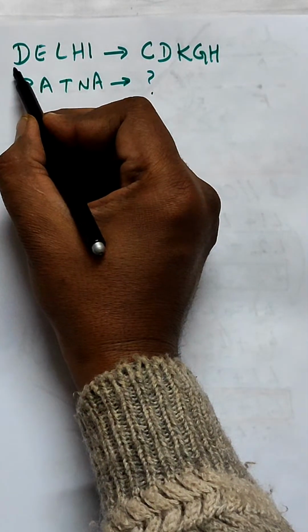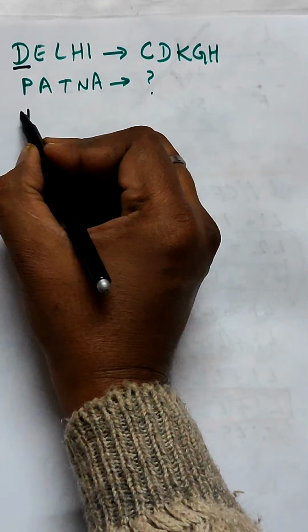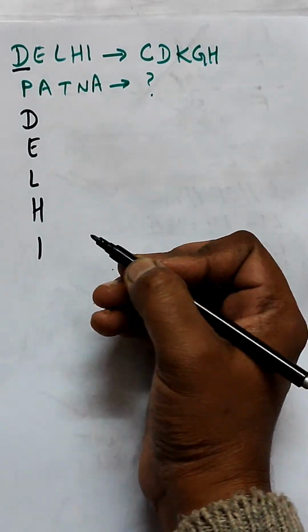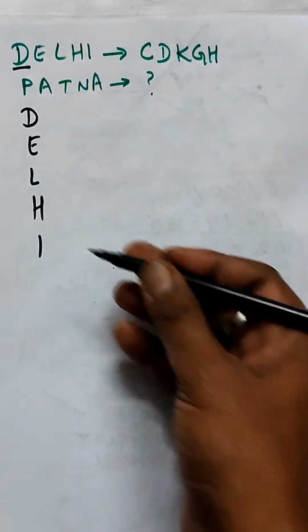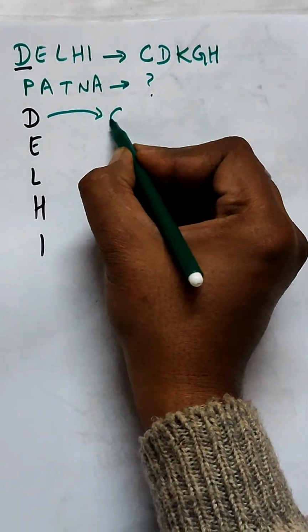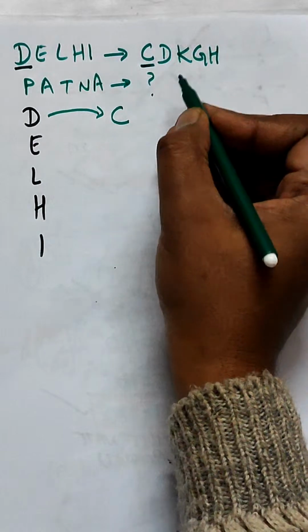Okay. Here, since you can see D, I'm writing it over D, E, L, H, and I. Delhi is written as, D is written as C. You can see here.